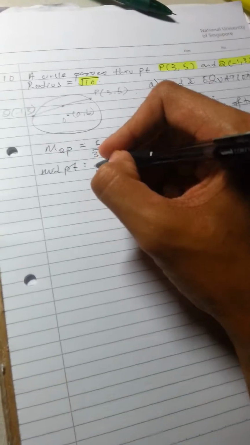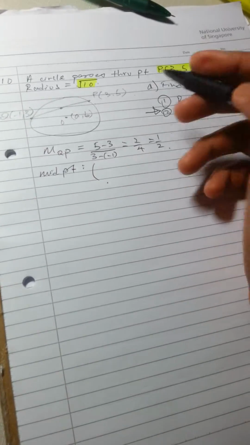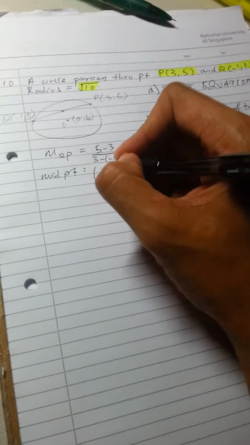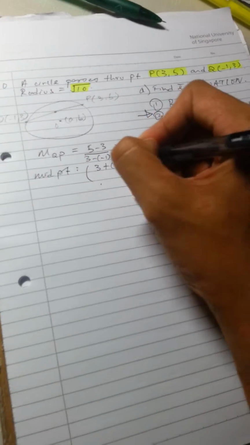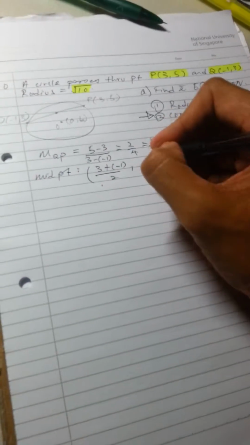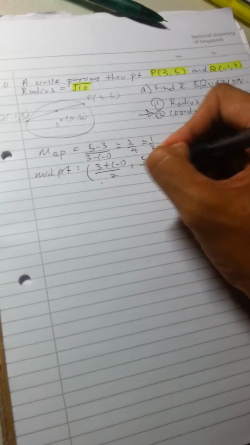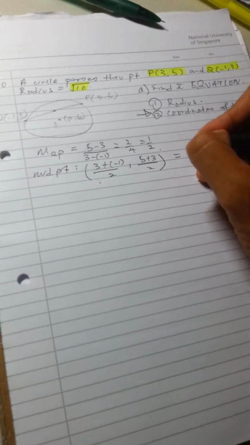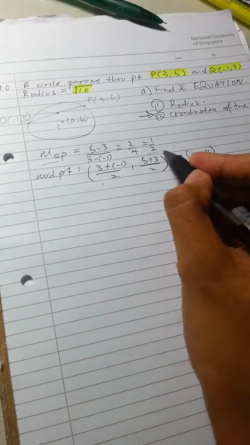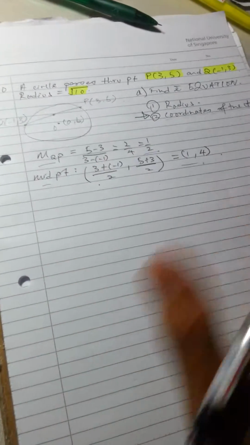And then the midpoint, finding the midpoint again is 3 plus -1 over 2, and then 5 plus 3 over 2. Alright, you should get 1, 4. So now we have the gradient and we have the midpoint.